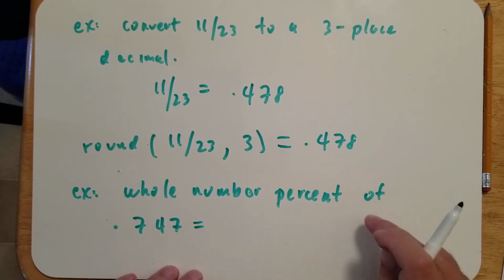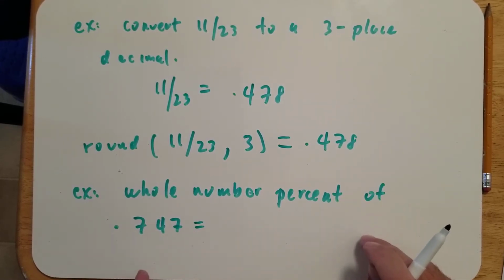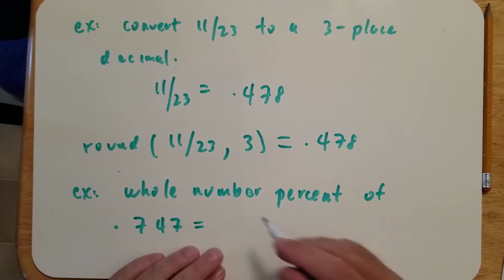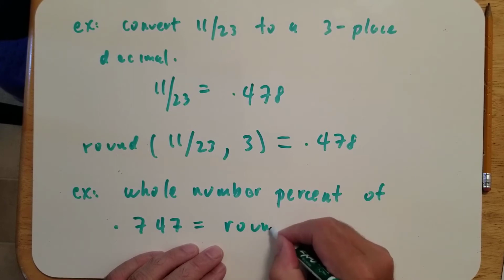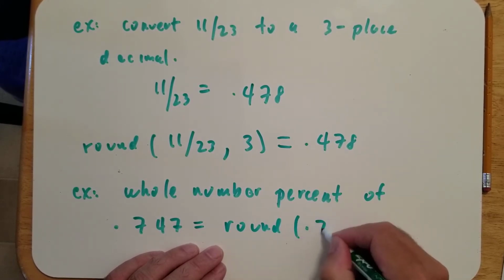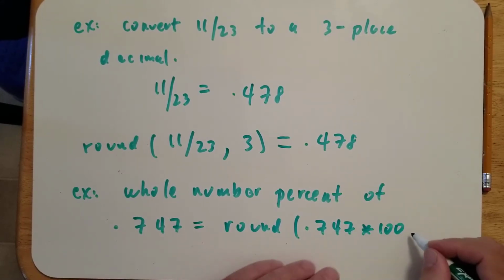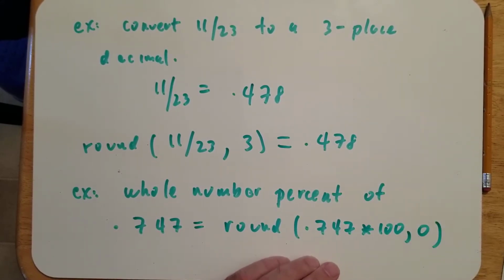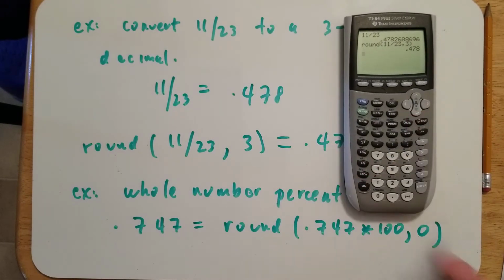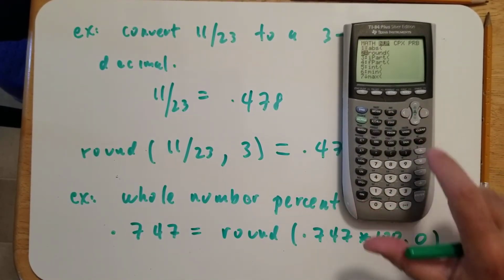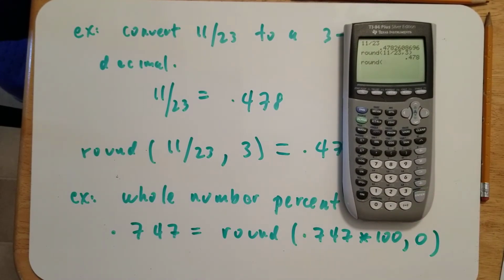Since it wants a whole number percent, I'm going to multiply this by 100 and then round it off to 0 decimal places to get a whole number. So this is going to be round 0.747, multiply it by 100, and then tell it to round it off to no decimal places to get a whole number answer. So when I do this one, it's math, num, round. And after you do that a few times, it just happens very quickly.